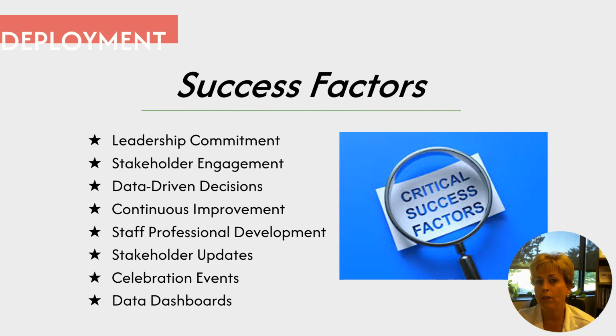But if we can grow them from below basic to basic, or even just improve some of their overall score, then that would also show that we are achieving academic success. And data dashboards. We feel these data dashboards are important for our stakeholders to be able to see the progress that we're making throughout it.